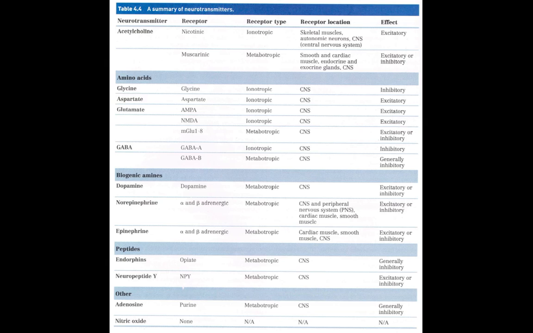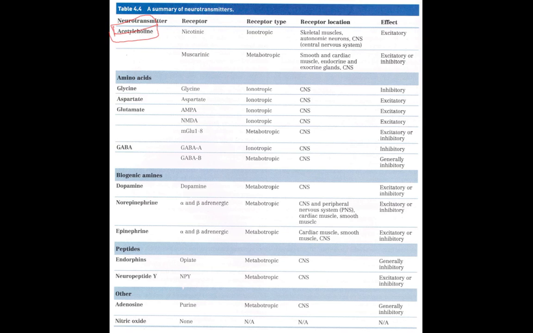So here now are some of the major classes of neurotransmitters. The first class would be, for example, acetylcholine. Acetylcholine was discussed in Neuroscience 3 when we looked at the cholinergic synapse.